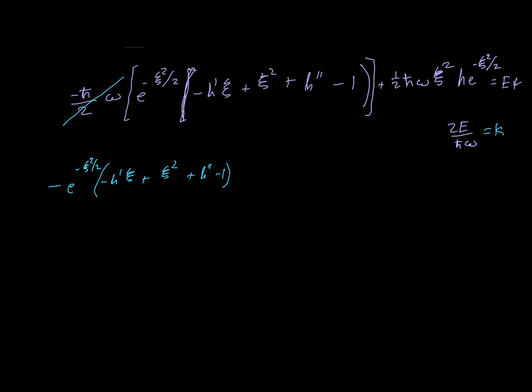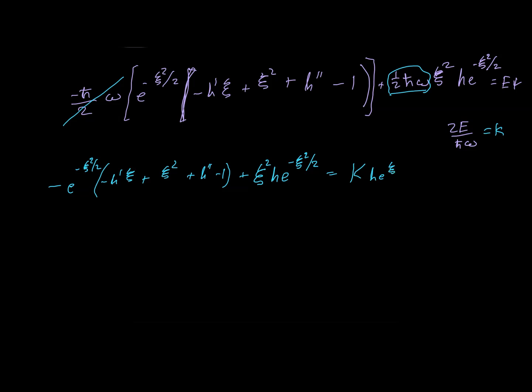And then plus, and we multiply by 2 over h bar omega. So you can see again, right here, up here, that's going to cancel out as well. So then we just get c squared times h times e minus c squared over 2. That equals k.